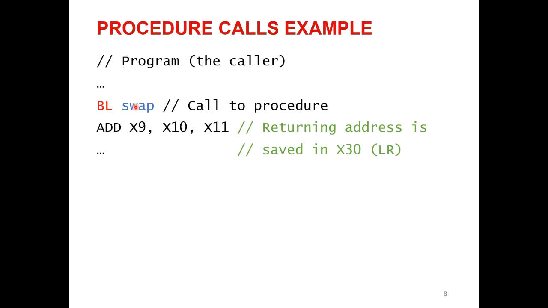Because once the swap procedure finishes, the execution flow will continue with this instruction. So it will jump from here to here, but it will store the address of this instruction in a special register, register 30, or the link register, in order to be able to return here once the procedure has finished.